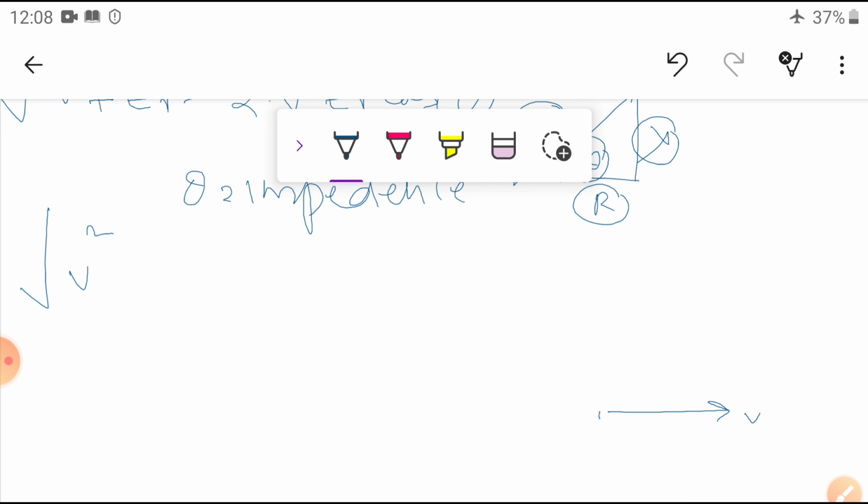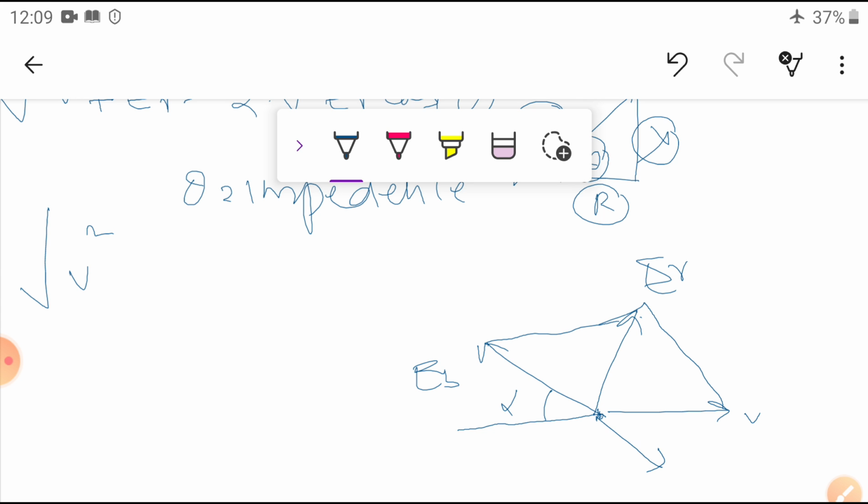V, and this is the line, and this is the EB, this is the alpha, a resultant ER, and this is the current I, and V and I differ by phi, and ER and I, this is the theta. Based on this we are going to calculate ER. Simple, just manipulation of the vector additions, and we write it.